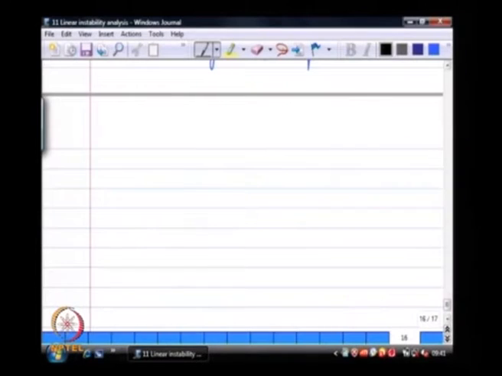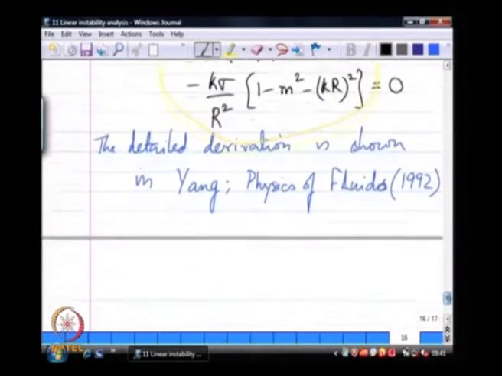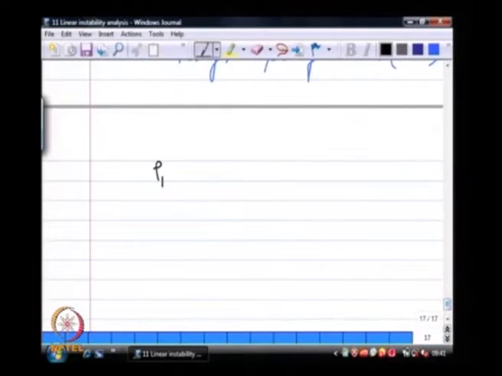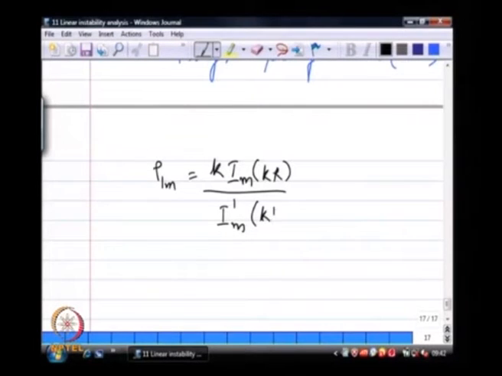write down the terminology that has been adopted here. Rho 1 m is equal to k times I m k r divided by I m prime k r times rho 1.